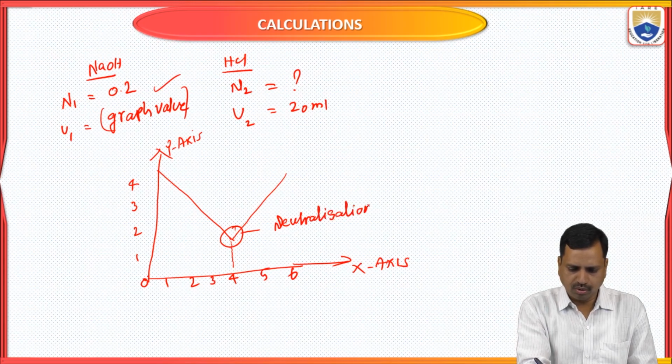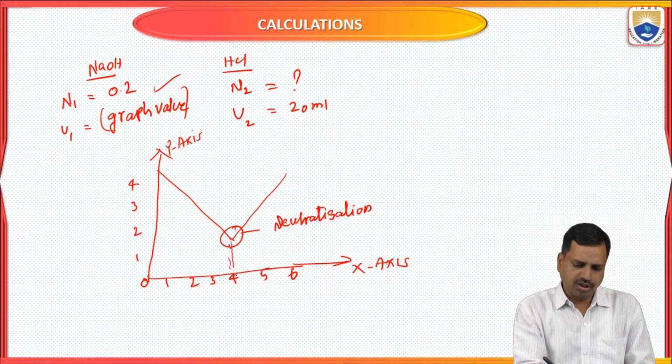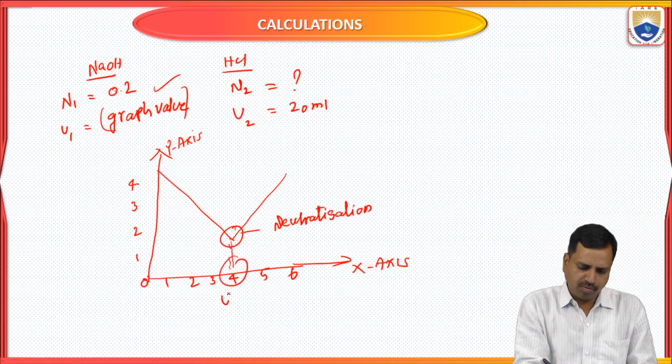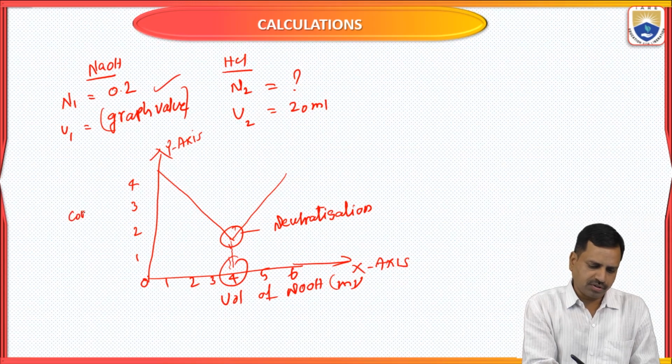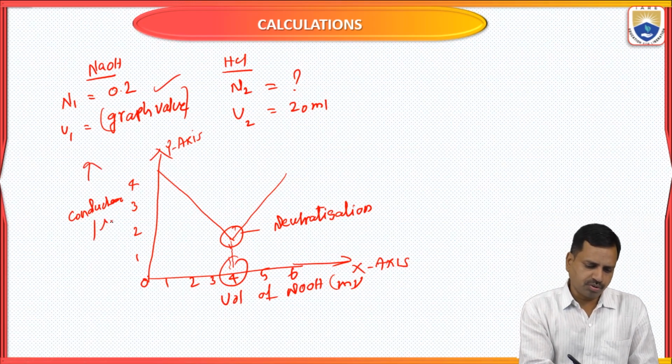This is the volume of NaOH in ml, and this is conductance. The conductance unit is mho or Siemens.